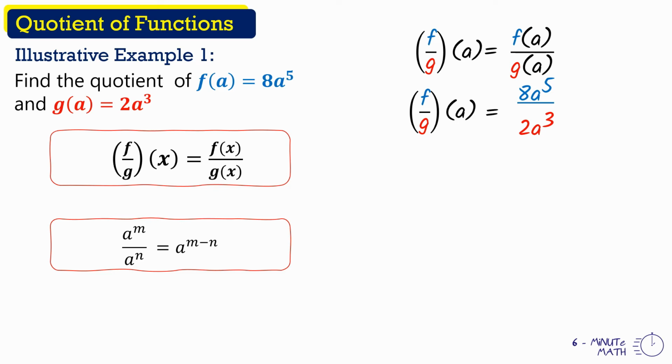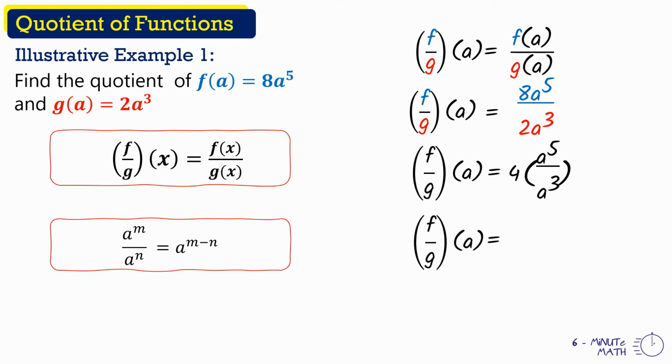Magiging itsura ng ating function now is f over g of a is equal to 4. And then, yung nasa loob pa rin ng parenthesis, we have the variable a with the exponent 5, or the expression a raised to 5 over a raised to 3. Gaya ng sinabi ko kanina with the law of exponent, ang ginagawa natin sa exponent is sinusubtract natin sila.